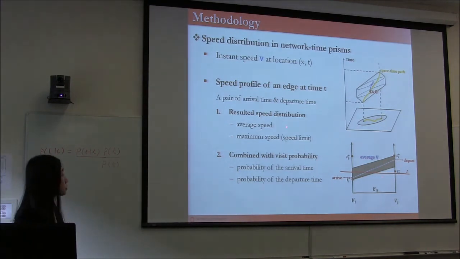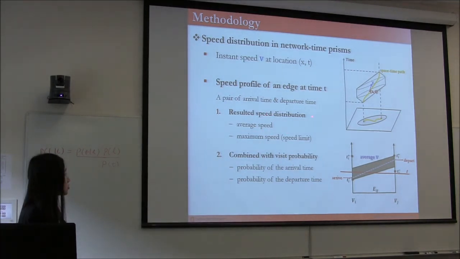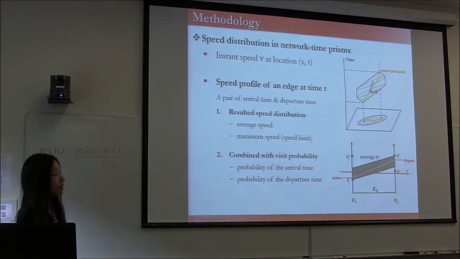That will be determined by two parts. First, we have a resultant speed distribution based on arrival time and departure time. That will give us the average speed, and combined with the maximum speed, we can derive the speed distribution.